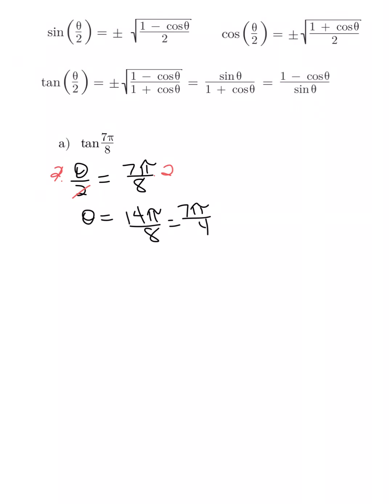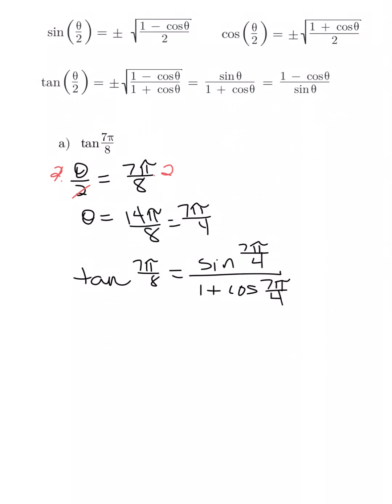So what we are figuring out is that the tangent of 7 pi over 8 equals the sine of what we found theta to be, which was 7 pi over 4, and that goes over 1 plus the cosine of 7 pi over 4.